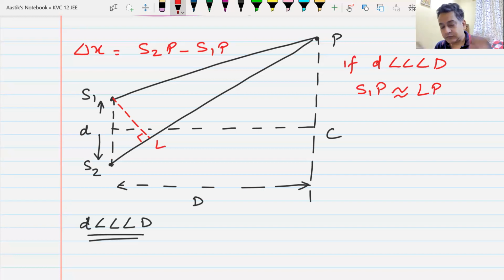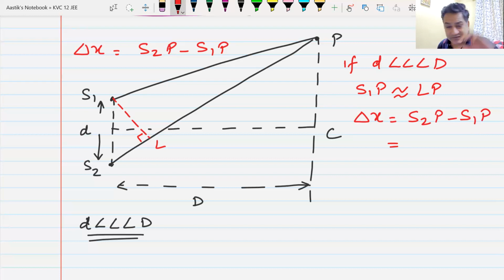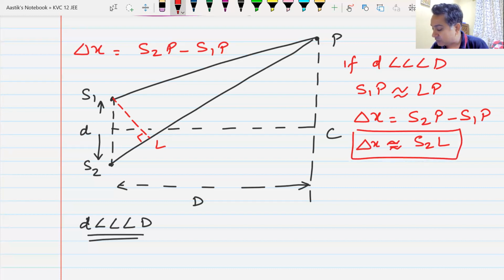Yes, sir. If we understand this, then we also understand that my path difference delta X, which is S2P minus S1P, now becomes simply equal to S2L. How many of us understand this? This is not actually equal, this is almost equal. Yes or no? Please raise your hands. Yes. Once we understand this, done. That is the entire thing.